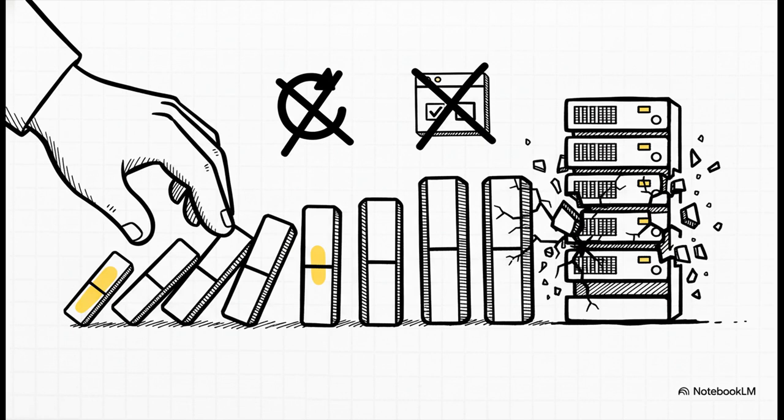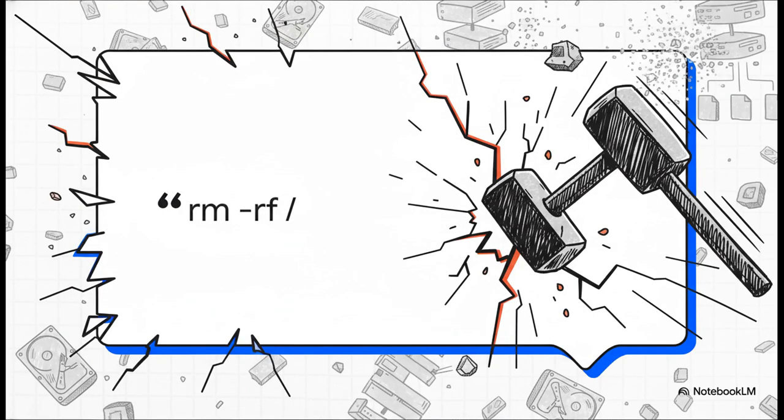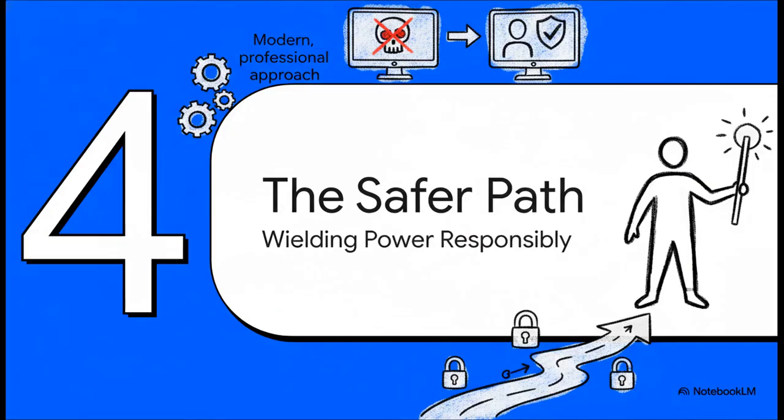One mistake can be catastrophic. This command right here, it's pretty much the stuff of nightmares for system admins. When you run this command as root, you're telling the system to forcefully and without question delete every single file on the computer, starting from the very top. It's the digital equivalent of hitting the self-destruct button. Game over.